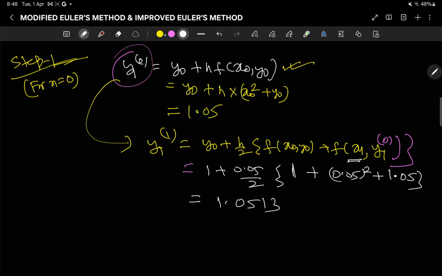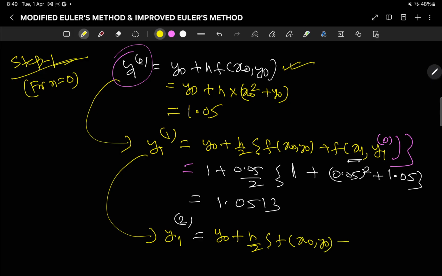The next correction here is y1 in the second correction. This will be equal to y0 plus h by 2 of f(x0, y0) plus f(x1, y1), where this y1 is the first correction value.